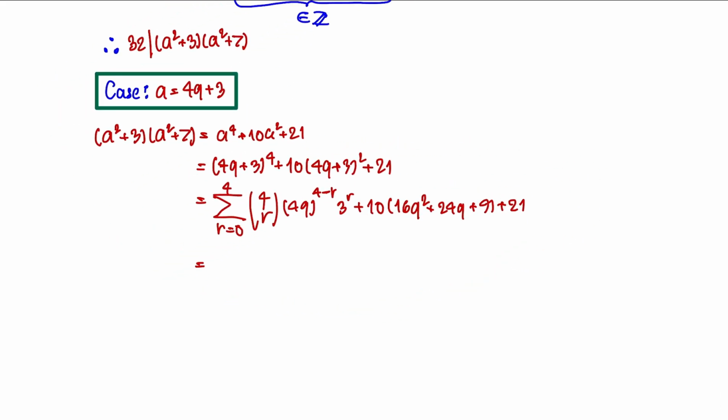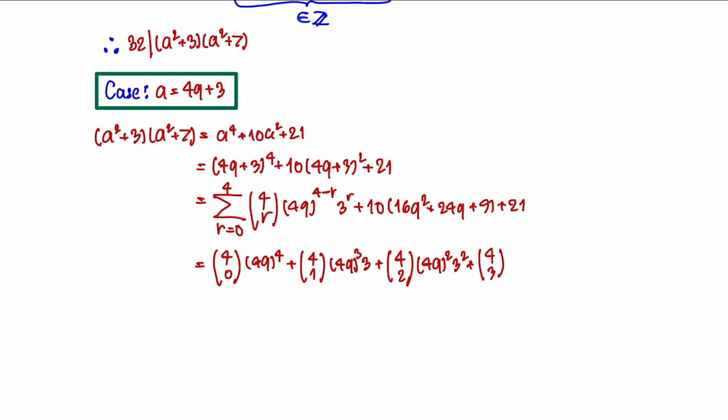So we have 4 choose 0, (4q)⁴, because r is 0, plus 4 choose 1, we have (4q)³ times 3 to the 1, plus 4 choose 2, (4q)² times 3², plus 4 choose 3, (4q) times 3³, plus 4 choose 4, (4q)⁰ is just 1, right?